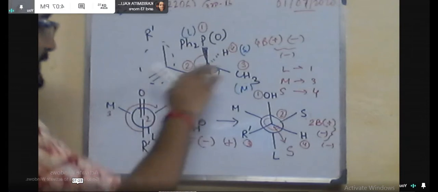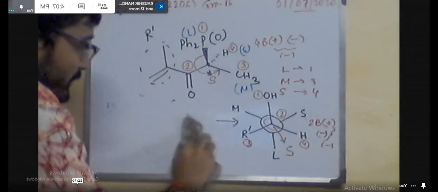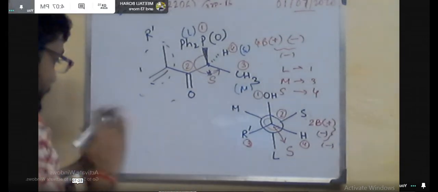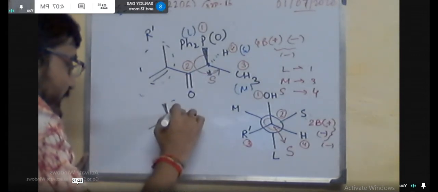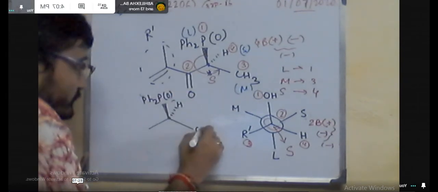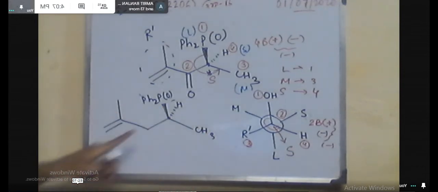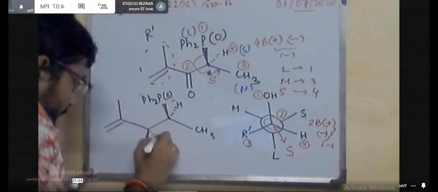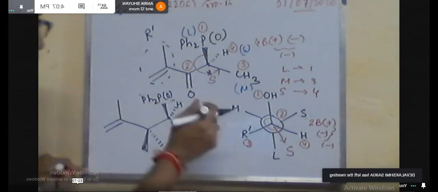So in this case, if we use the Cram model, our group 1 is the hydrogen. So let's just put hydrogen here and OH here. So in this case you will get this is 1, this is 2, 3. So that means anti-clockwise rotation, and this is the fourth group. So 4B plus and anti-clockwise rotation minus. So plus into minus means minus. So the configuration is S. So this is by applying the simple Cram model.